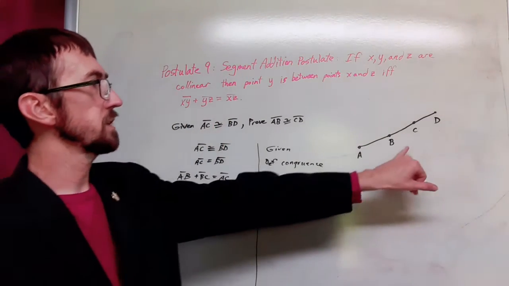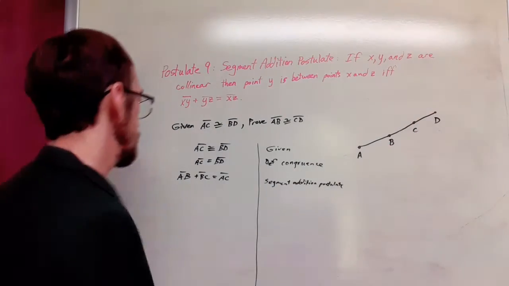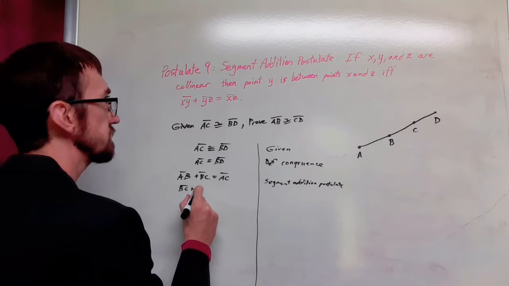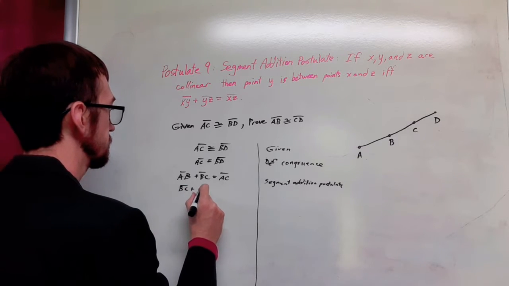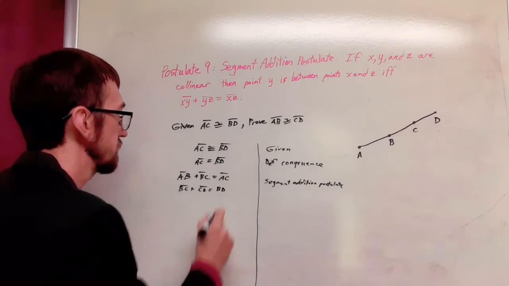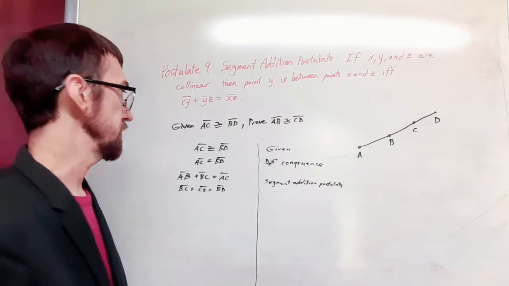And I'm going to do the same thing over here. I'm going to do BC plus CD is equal to BD. And that is the same reason, the segment addition postulate.